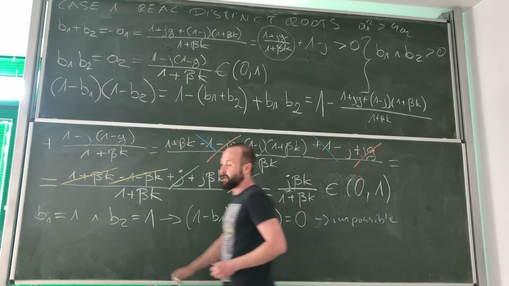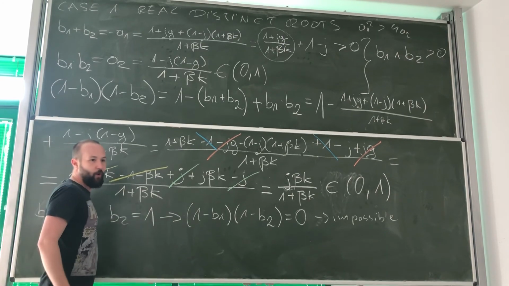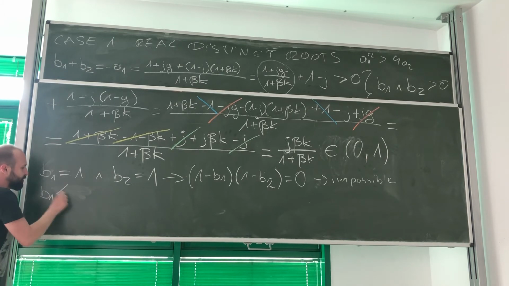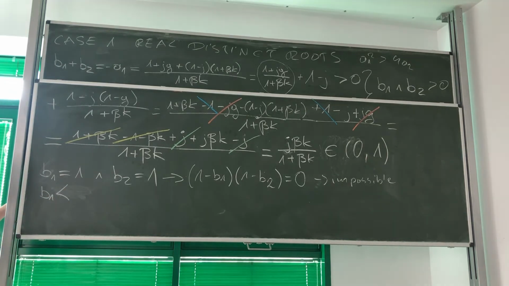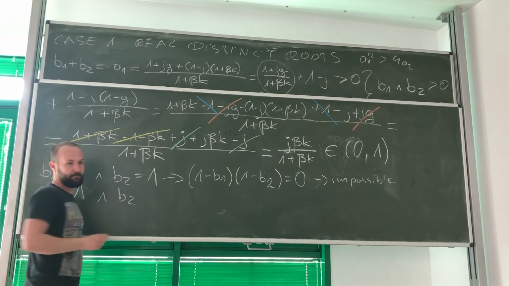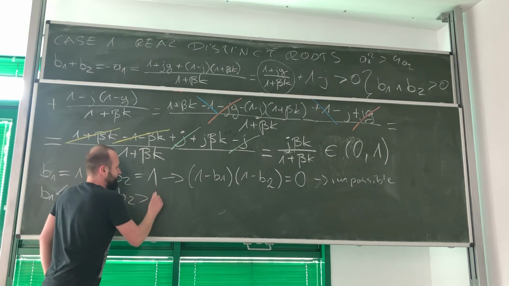Now, let's consider another possibility. What if one of the roots, we already know that they are both bigger than 0, is smaller than 1, and the other is bigger than 1?